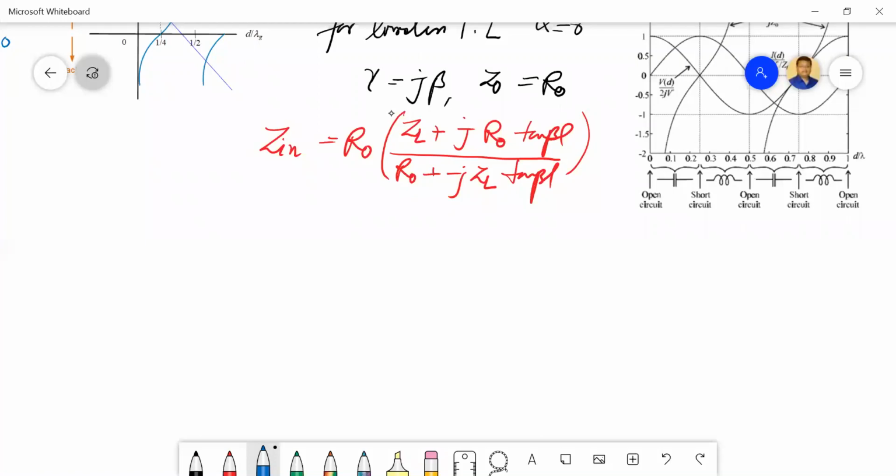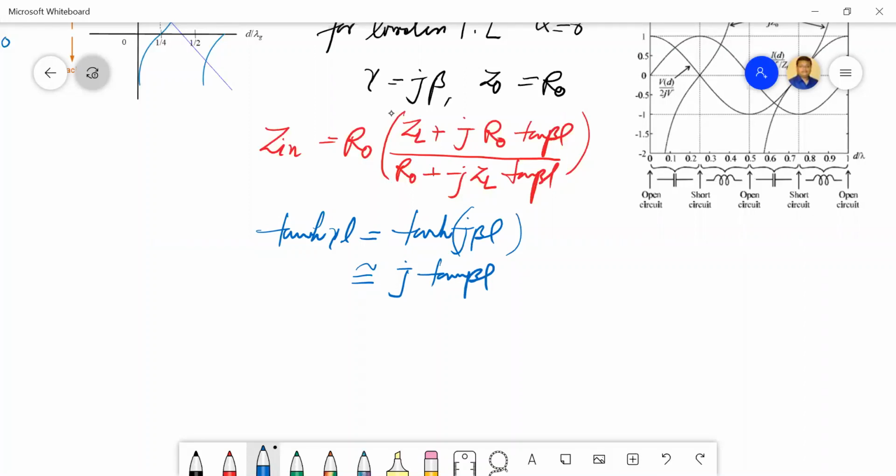How is this possible? Because we know from trigonometric relations that tanh gamma L, if we expand it, with gamma equal to j beta, can be replaced with j tan beta L. Simple tan, and the j will be outside of this.